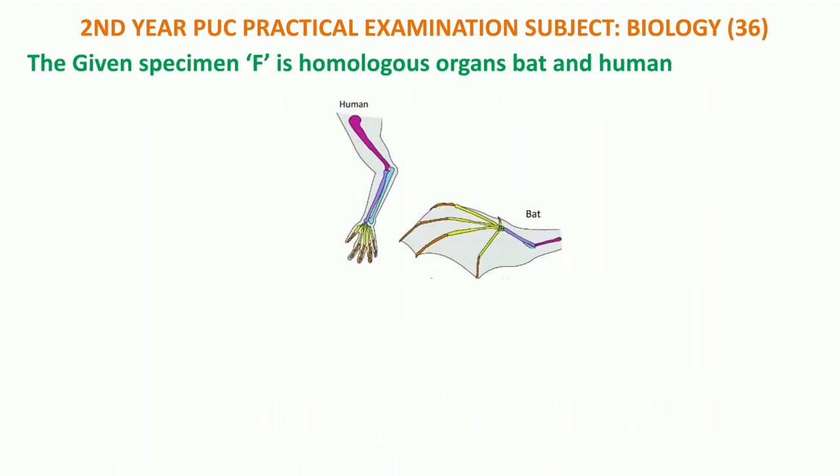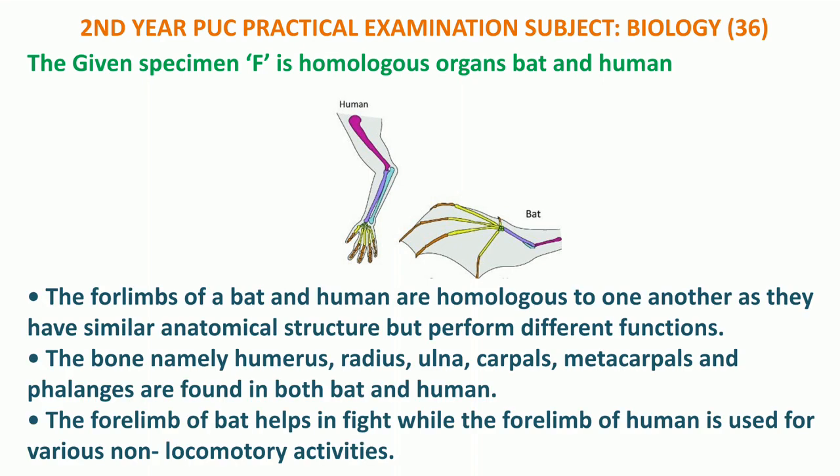If they give this in question number 6 as F, the given specimen F is homologous organs, bat and human. The answer for this question is: the forelimbs of bat and human are homologous to one another. They have similar anatomical structure but perform different functions.